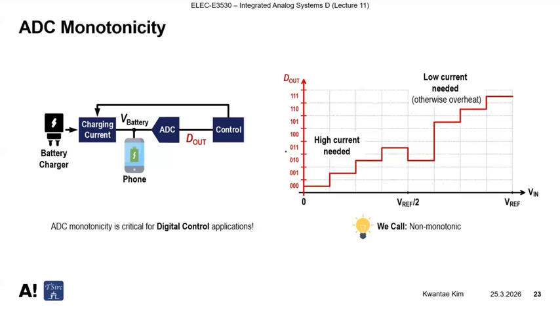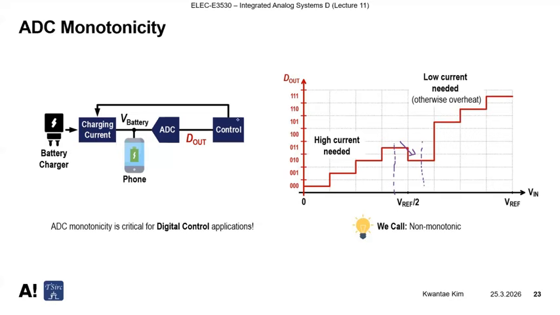Anyway, if a non-monotonic case happens, then even if the battery voltage is high, the charging current must be increased like this. So here our charging voltage is high, but the output code is still less than the previous one for a lower charging voltage.